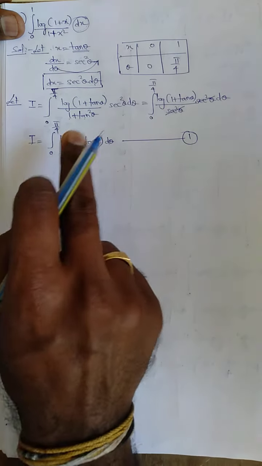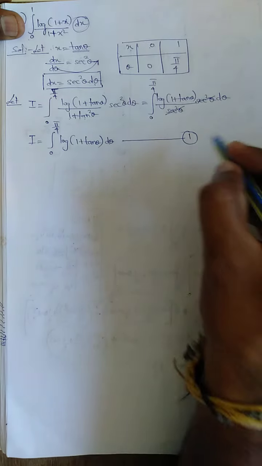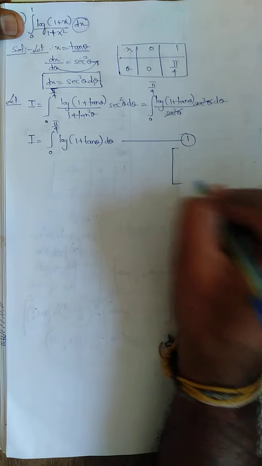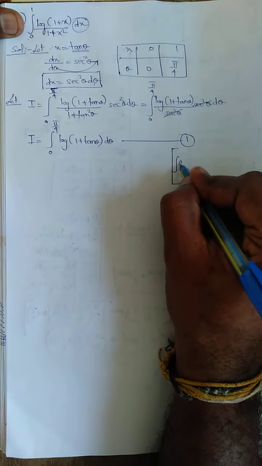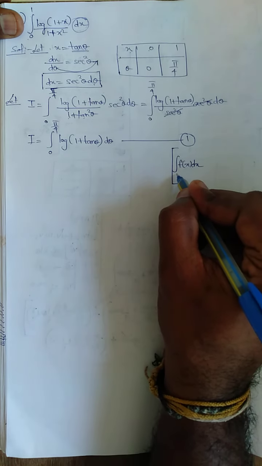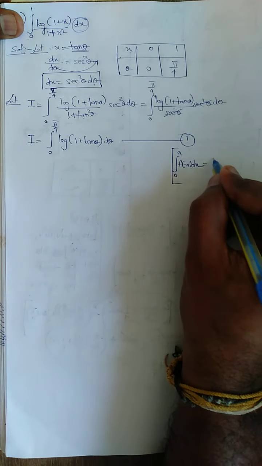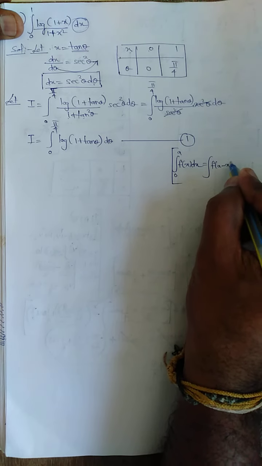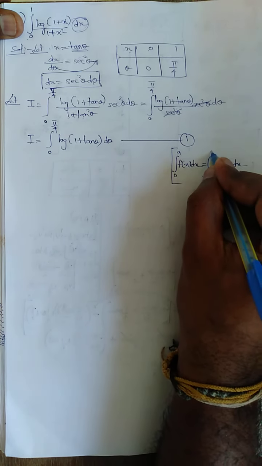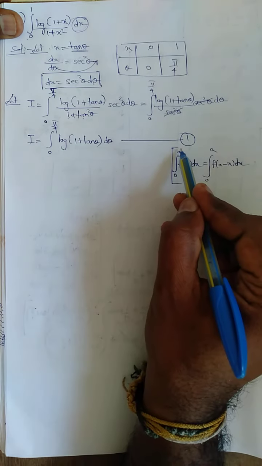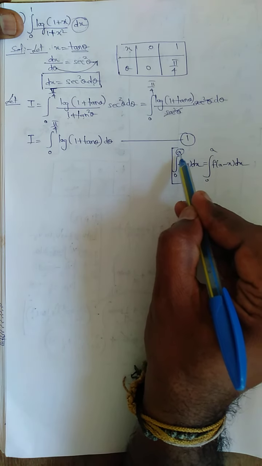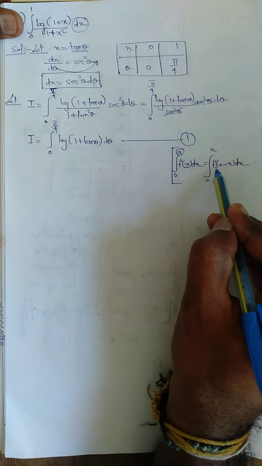After writing this as equation 1, I am going to use one property: the integral of f of x dx, limit 0 to a, can be written as the integral of f of a minus x dx, limit 0 to a. Whatever limit is present here, a minus x, that's all.